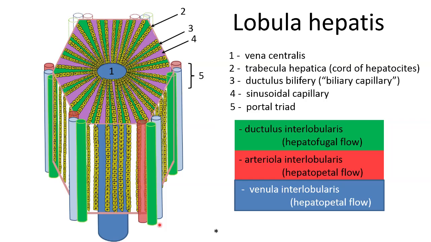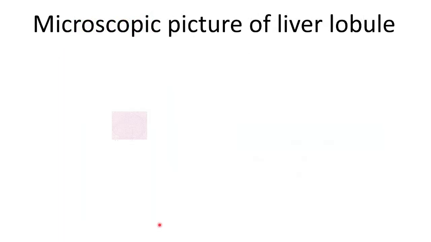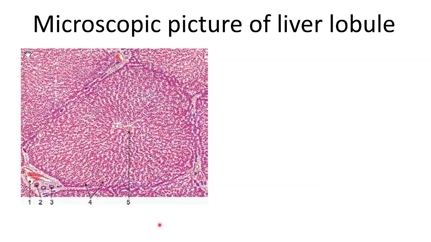And let's try to imagine how the liver lobule looks on a microscopic, histological glass. So these are the borders of one lobule.